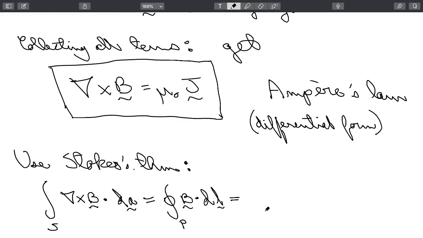And this would just be mu 0 times the integral over the surface of the current density dotted into dA.